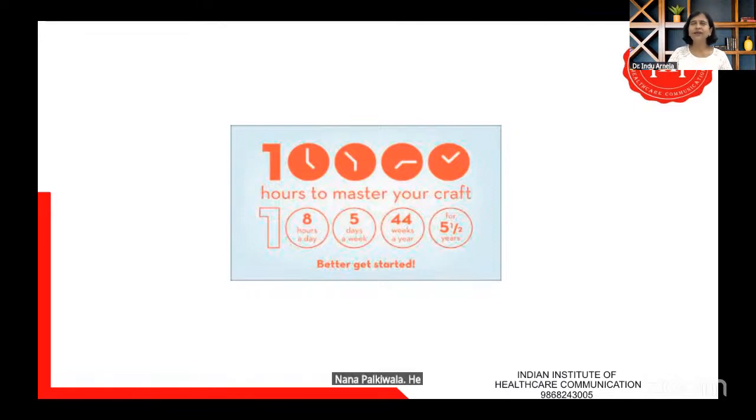He wrote in detail about it that if you practice any skill for 10,000 hours, you can become a master of that craft. Anything on the earth, you invest 10,000 hours and you can become master of it. And start as early as possible.